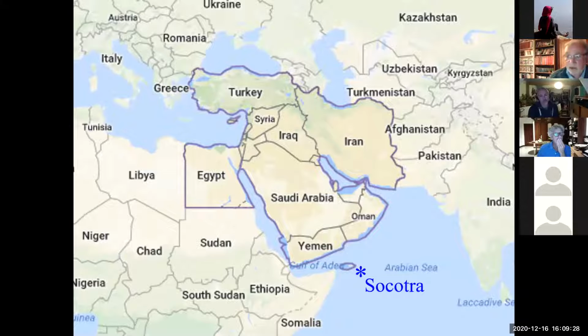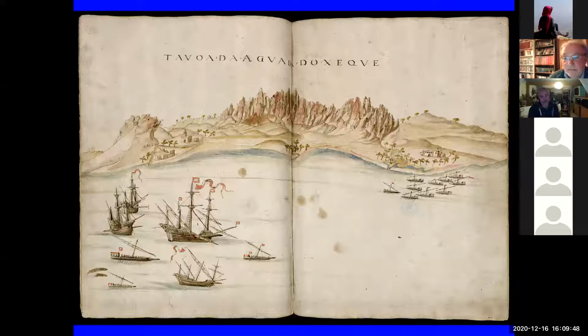Now, I expect you all know where Socotra is, but just in case you don't, it's an island complex owned by Yemen. It's a Yemen island, and it's about 300 or so kilometers south of the Yemen mainland and just off the Horn of Africa. And if we were on a Portuguese boat in the 1500s, this is what we might have painted.